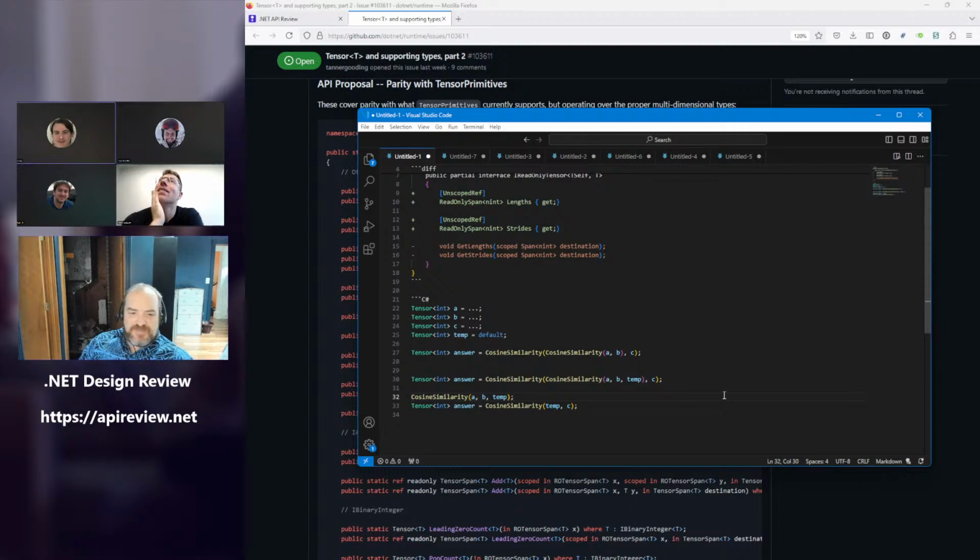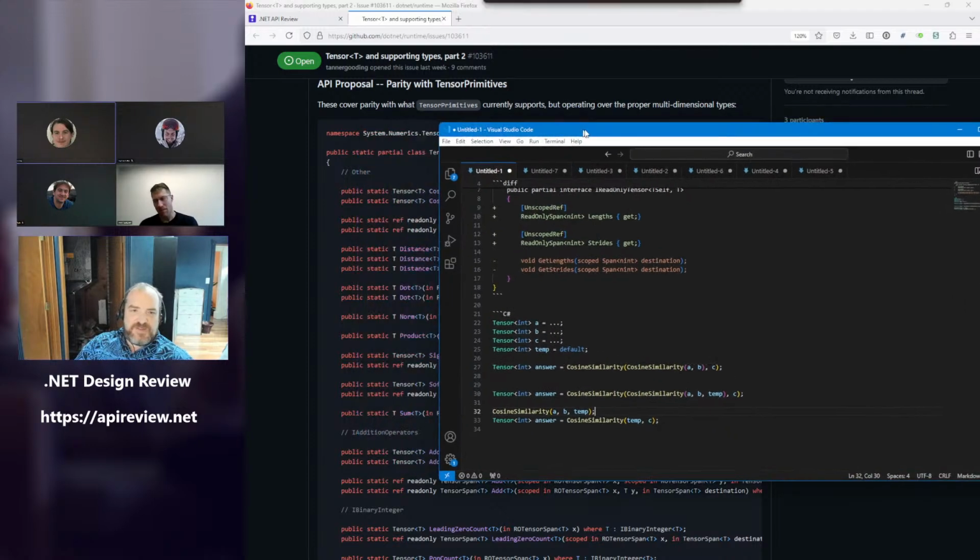Well, I think there are two considerations there. One is that you can't really write an extension method. You have to write a helper method because overload resolution will always pick the existing one. No, this was static anyway.